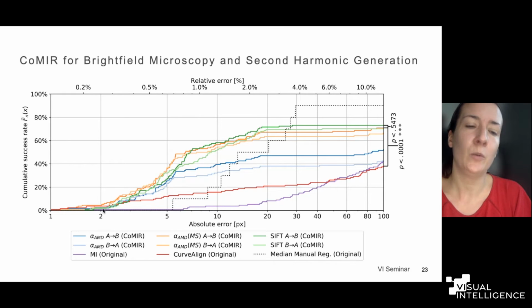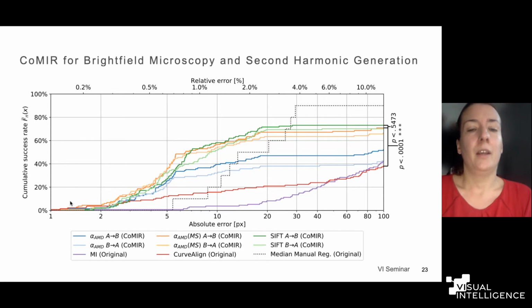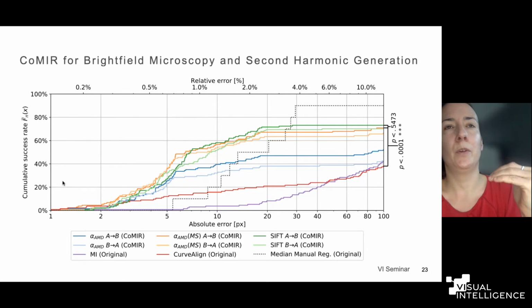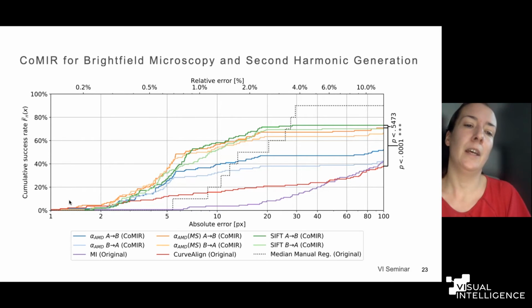And what you would ideally want to see is a curve that goes all the way up to the left corner here, because it shows how many images we were able to register given a pixel error that's given on the x-axis, sorry. So ideally you would want 0 pixel error and 100% of them being registered. That's definitely not the case.